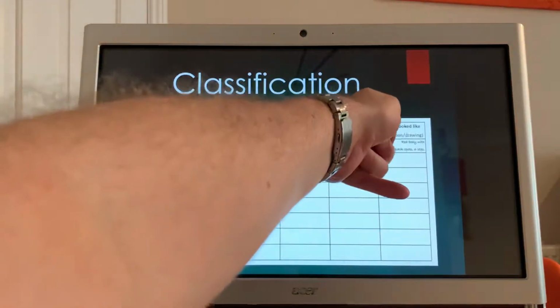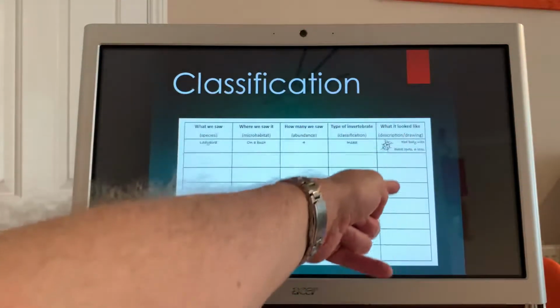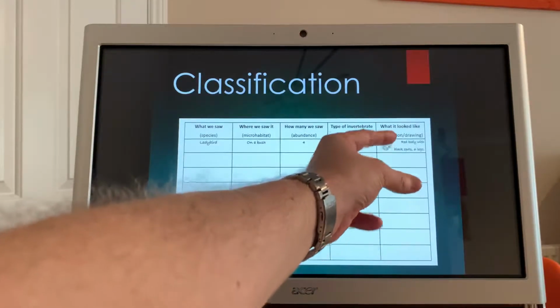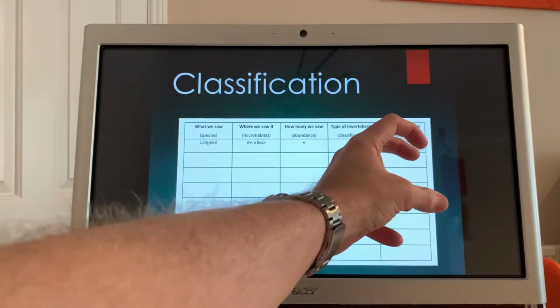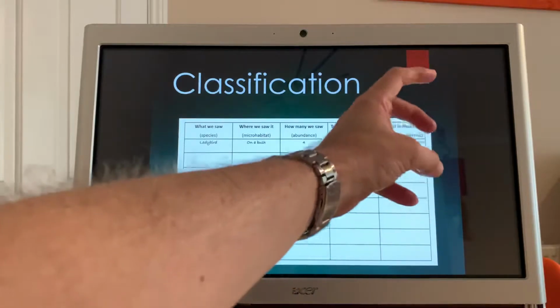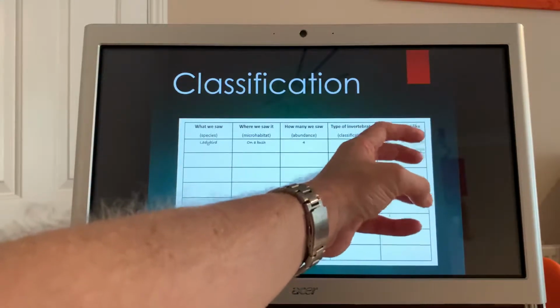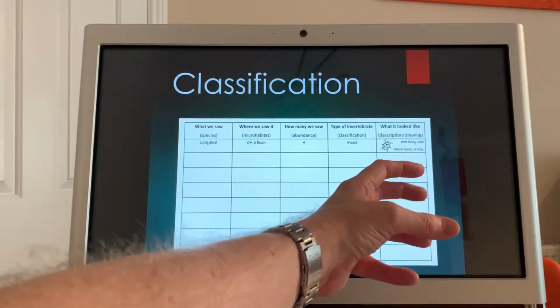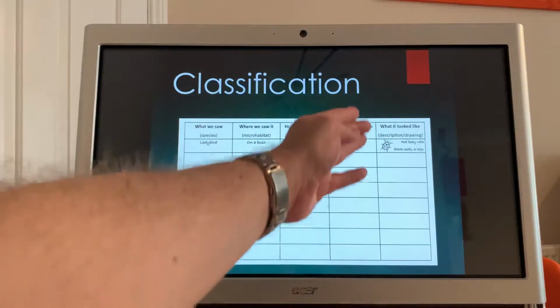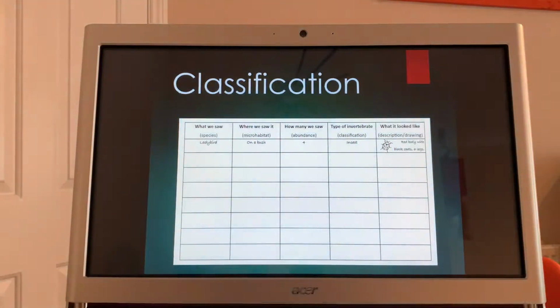Let's skip to this column for a moment. What it looked like, so remember you can make a drawing and any specific details that are specific to that creature. Red body with black spots, 6 legs. But this column here, classification. So we can see one type of invertebrate can be classified as insect.